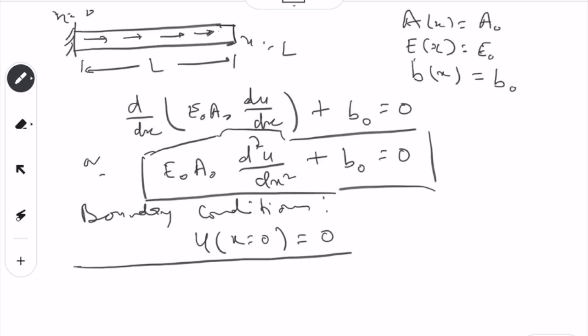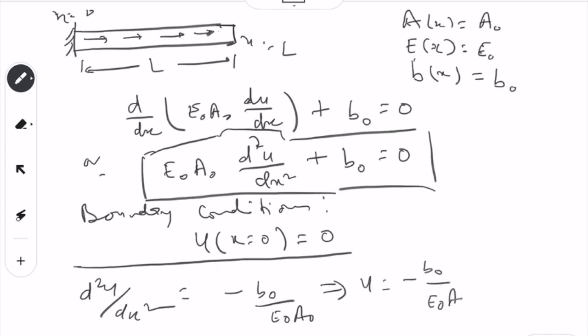So, we have d square u over dx square equal to minus B naught over E naught A naught, and that tells us that du over dx will be equal to minus B naught over E naught A naught, you integrate once and you will have an x term here, and then you will get a constant C1, let us say.